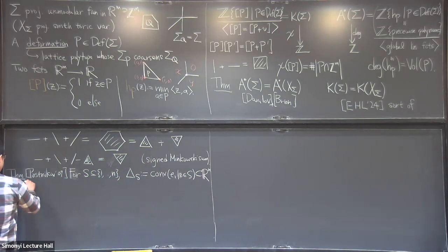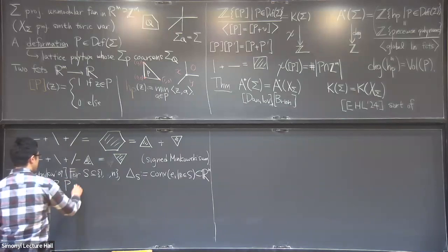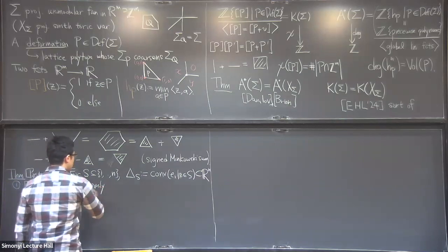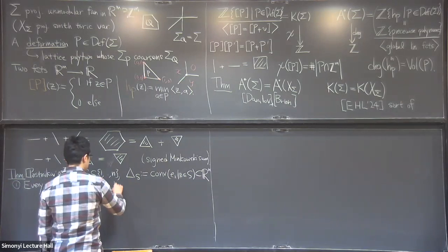The first one is that every generalized permutahedron, let's say P, is uniquely a signed Minkowski sum of these standard simplices.